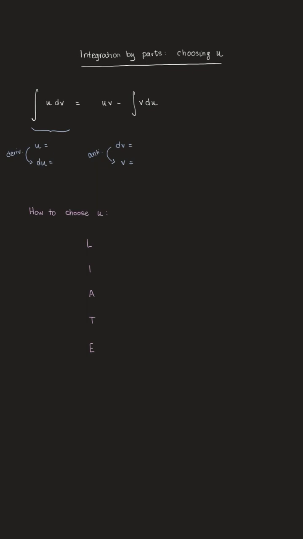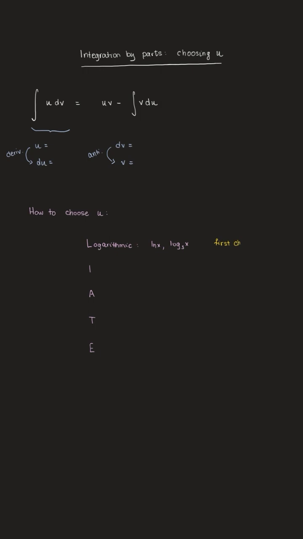So L stands for logarithmic functions, like the natural log of x, or log base 3 of x, or whatever that may be, right? A logarithmic function. In this acronym, if you see a logarithmic function in your integral, that would be your first choice for u.